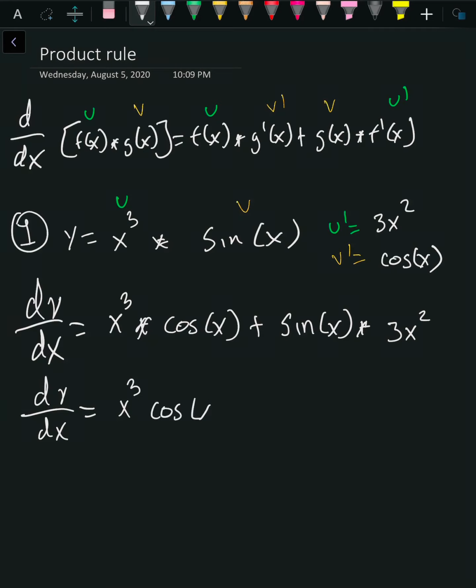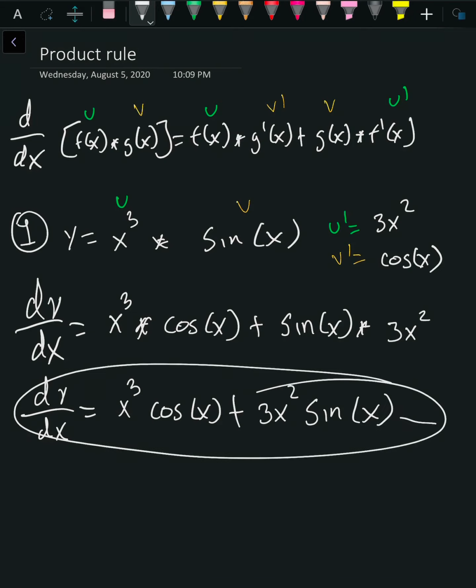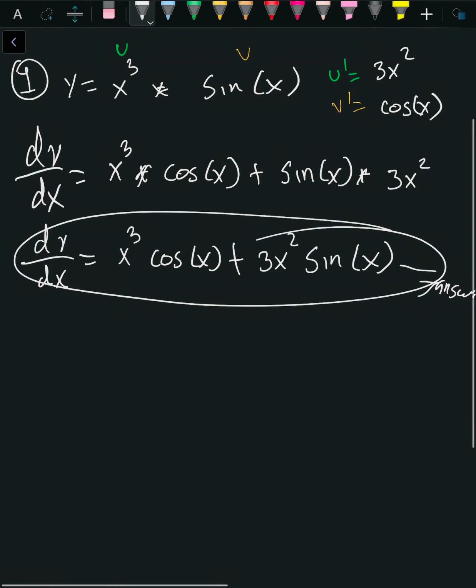We simplify things, which is x cubed cosine of x plus 3x squared sine of x. And this is our answer.